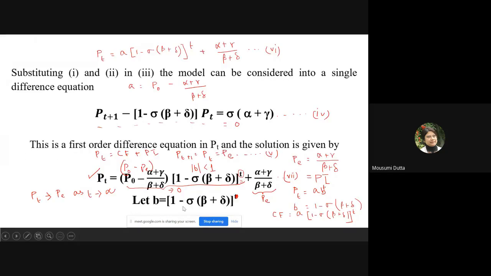Given that all these values are positive, this B value cannot be greater than or equal to 1, because if you want this value to be equal to 1, this part should be equal to 0.